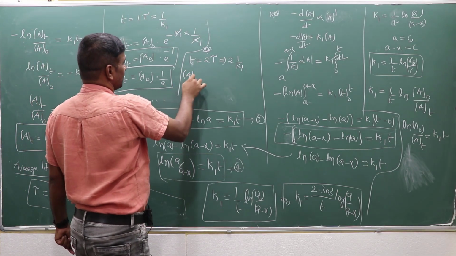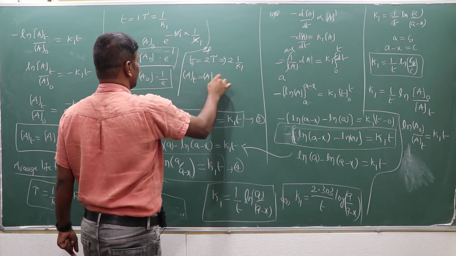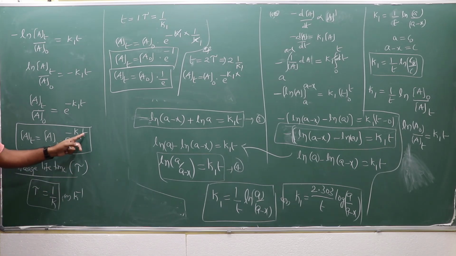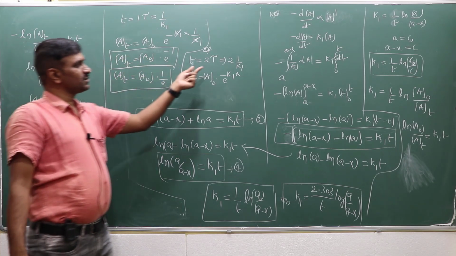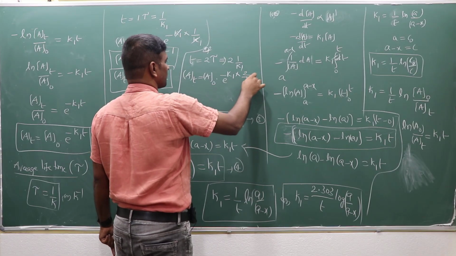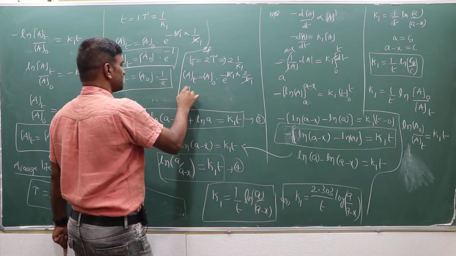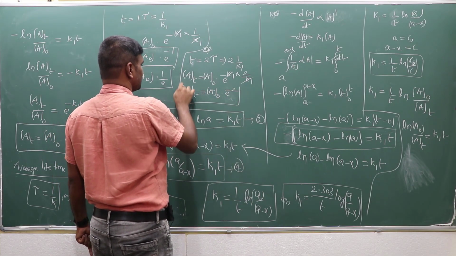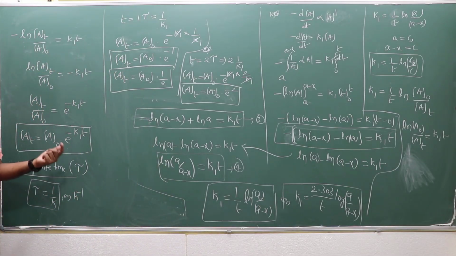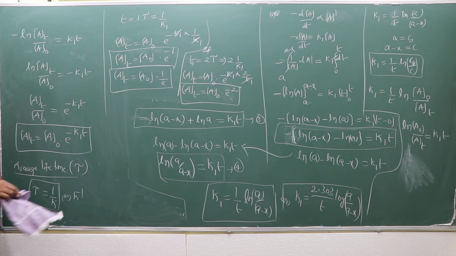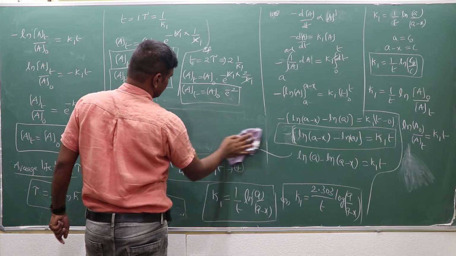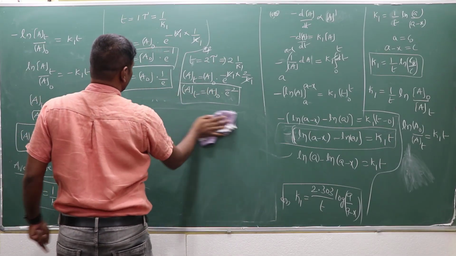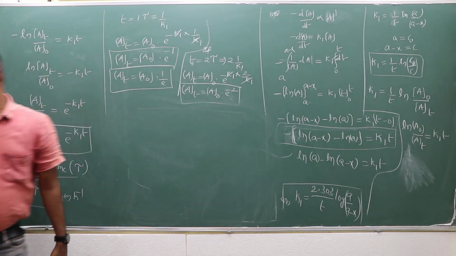Suppose At is equal to A0 into e to the power of minus K1 into, in the place of t, 2 tau, that means 2 by K1. So what will happen? e to the power of minus 2. At is equal to A0 into e to the power of minus 2, or 1 by e square.